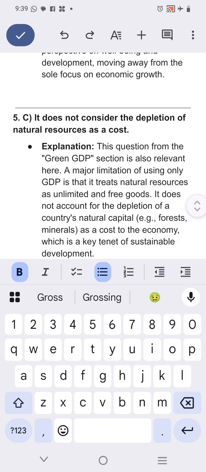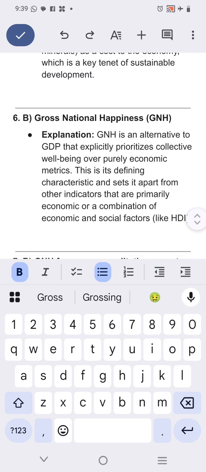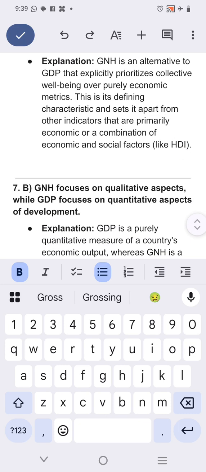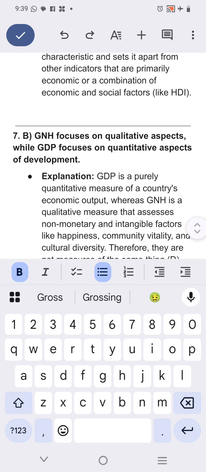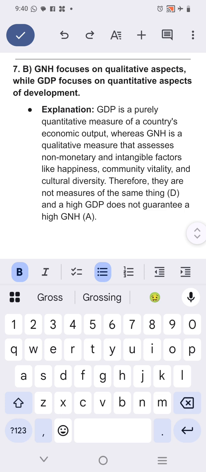Then C, does not consider the depletion of natural resources as a cost, was our right answer. Gross National Happiness is not related to GDP, which is specified by economic metrics. So our sixth answer was also correct. And the last one, the seventh: the answer is B. GNH focuses on qualitative aspects, while GDP focuses on quantitative aspects of development. That's the correct answer as well.